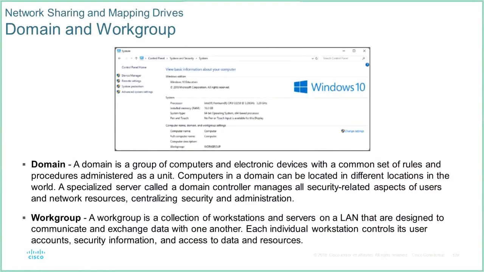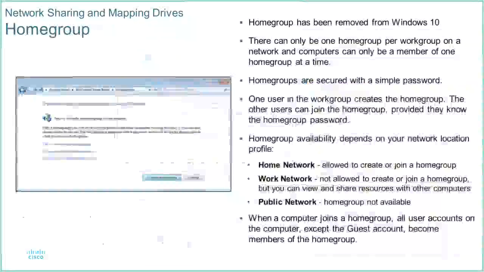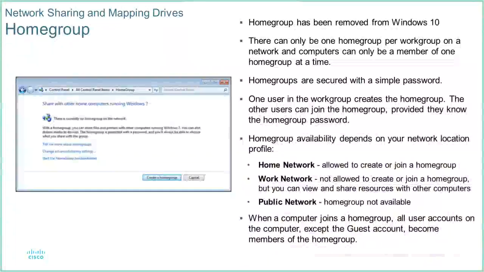Your workgroup is a collection of workstations and servers that are grouped together and can be used to push out, again, access and shared resources and things like that. Homegroup has been removed in Windows 10, so we don't need to worry about that anymore.